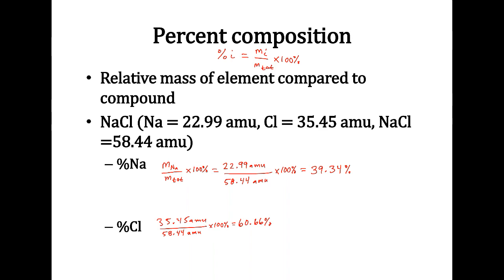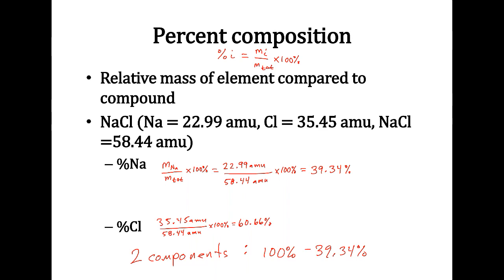Another way that you could calculate the percent mass of chlorine, since there's only 2 components here, is to take 100% minus 39.34% and get the same answer. You can only do this if there are 2 components in the system, or whenever you're calculating the percent composition of the last component.